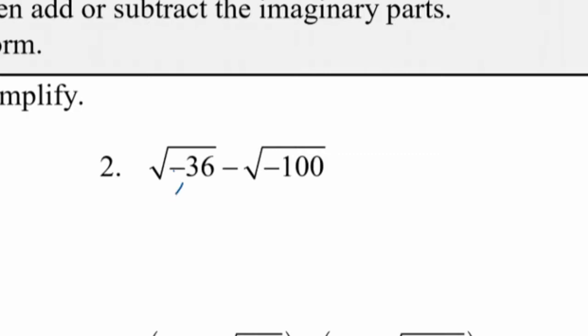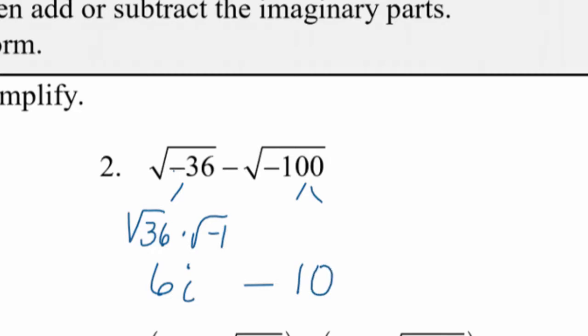So the square root of -36 is the square root of 36 times the square root of -1, which is 6i. Then we subtract the square root of -100, which is the square root of 100, which is 10, and pull out the i, the square root of -1.